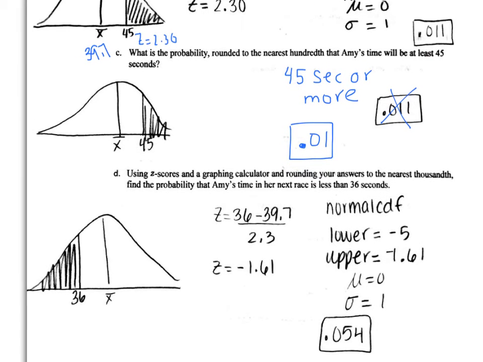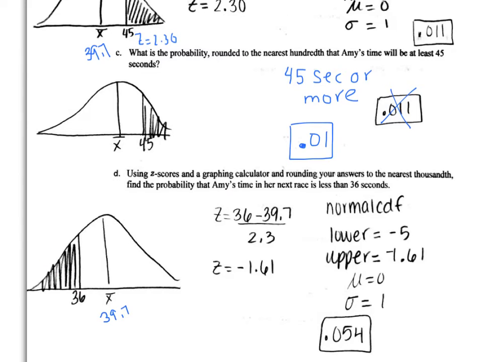Okay, now part D. They want you to find the probability that Amy's time in the race will be less than 36 seconds. So here's where 36 seconds would lie, because her mean is 39.7, so it's a little bit smaller than the average time. And we want to find the values that are less than this.